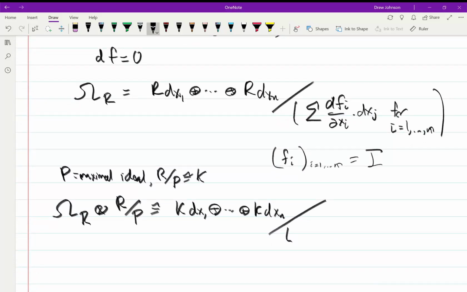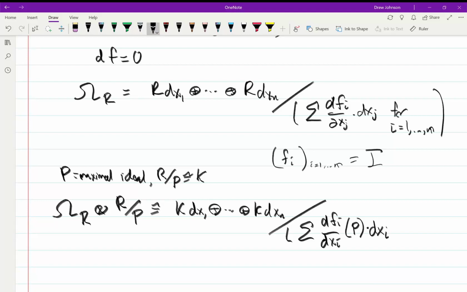Well, that basically just amounts to evaluating the polynomials at P, right? So this will be dfi dxi evaluated at the point P times the symbol dxi. Let's see, I think I better fix my indices here.